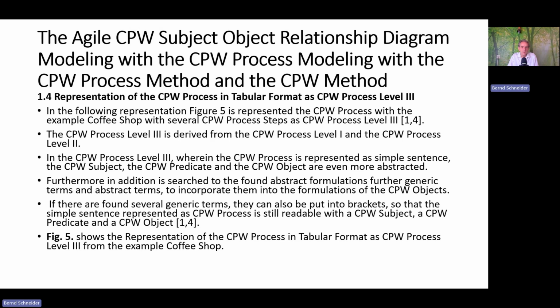If several generic terms are found, they can also be put into brackets so that the simple sentence represented as CPW process is still readable with a CPW subject, a CPW predicate, and a CPW object. Figure 5 shows the representation of the CPW process in tabular format as CPW process level 3 from the example coffee shop.